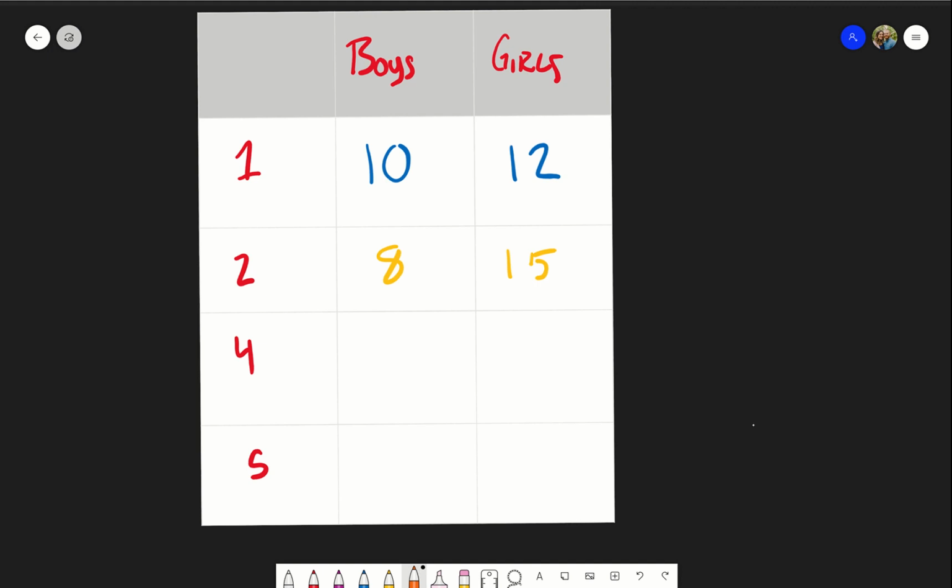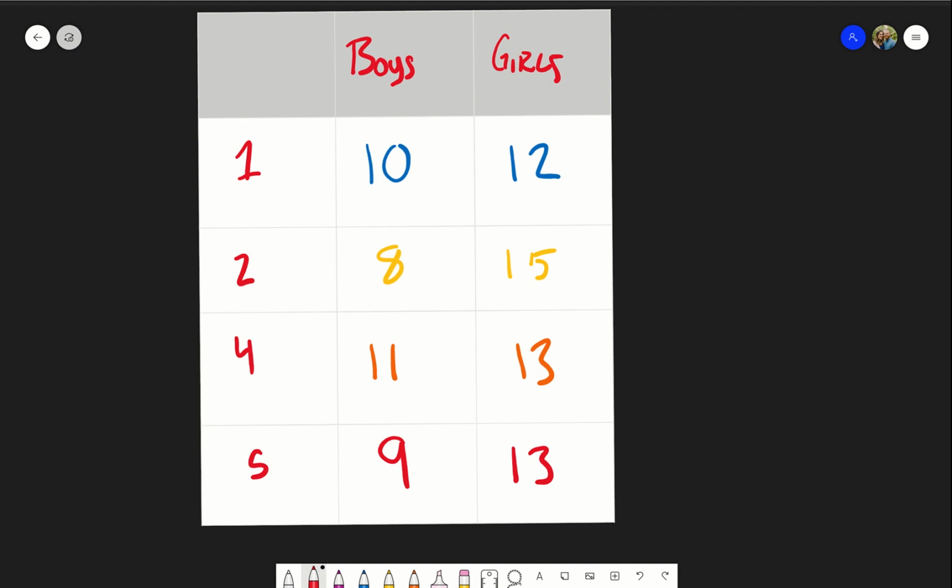Fourth period, I have 11 boys and 13 girls. And then in fifth period, I have 9 boys and 13 girls. This is where you guys are actually in this class, so sorry if I'm miscounting. I'm not actually counting, I'm just guessing.